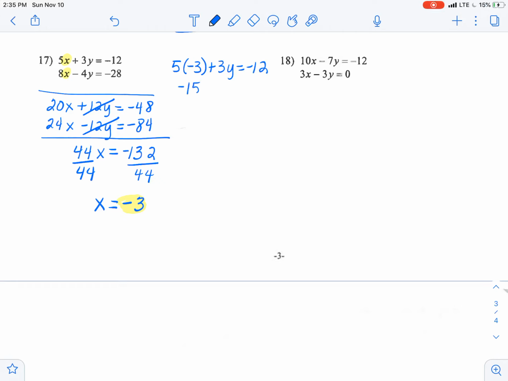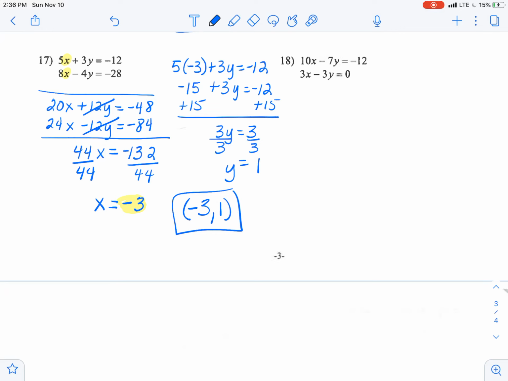I'm going to simplify. I'm going to add the 15. Divide both sides by 3, and y equals 1. Okay, again, be sure you write your answer as x and y.